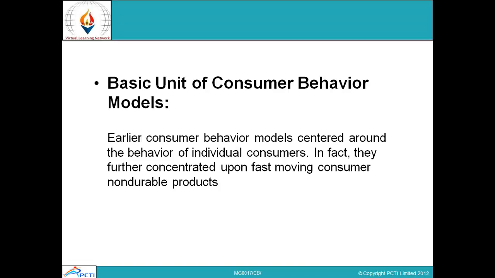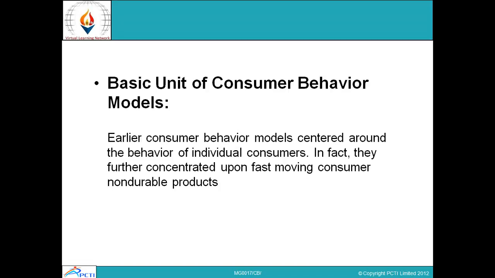Family, friends, society, institutions, peers, etc. Earlier consumer behavior models centered around the behavior of the individual consumer, and concentrated on fast-moving consumer non-durable products. When we talk about basic units of consumer behavior model, it's society, family, friends.